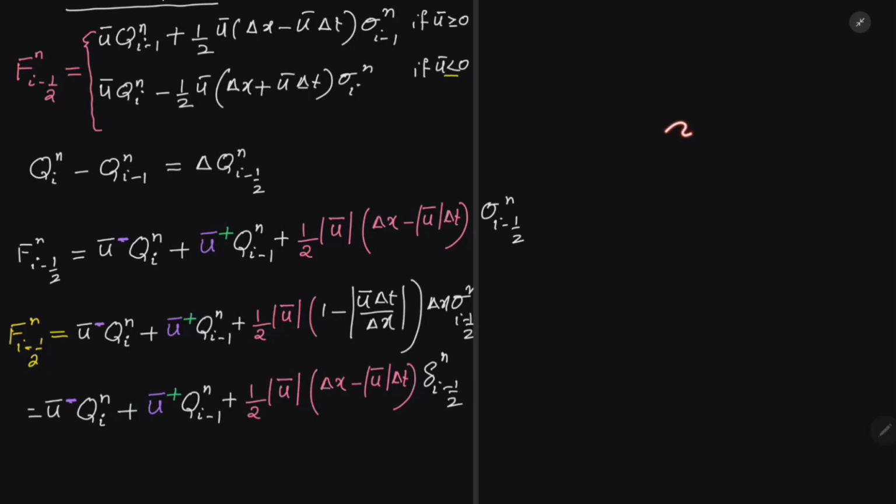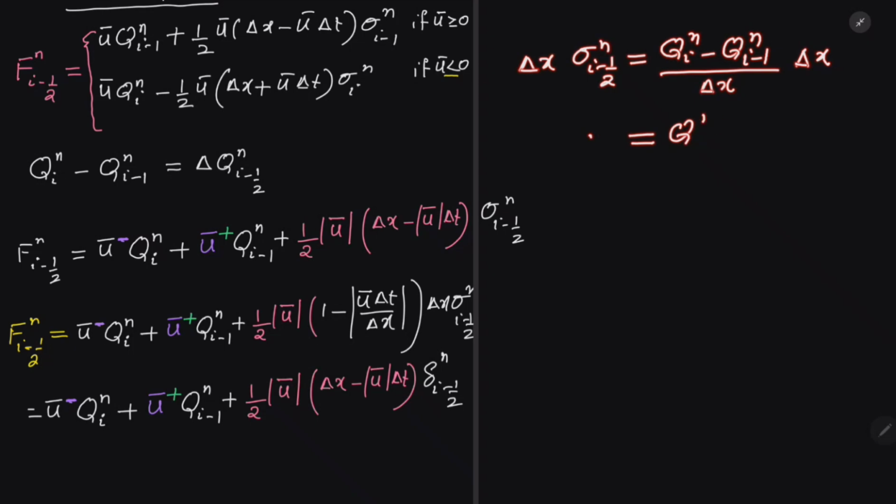So how does this work? Why was there a confusion? I should not have divided sigma by delta x. Sigma_{i-1/2} is the slope. It depends whether we have Q_i or Q_{i-1} divided by delta x. When I multiply these two with delta x, you get Q_i minus Q_{i-1}, which is actually delta Q_{i-1/2}.